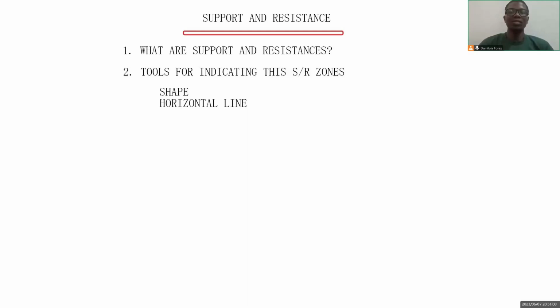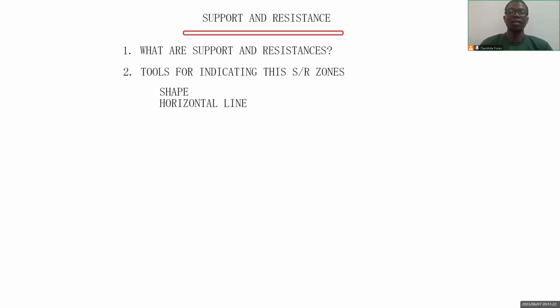Once these zones have been highlighted with the shape, then I use my horizontal line to highlight a pinpoint level, whereby if this support and resistance is violated, I can pick my trade.